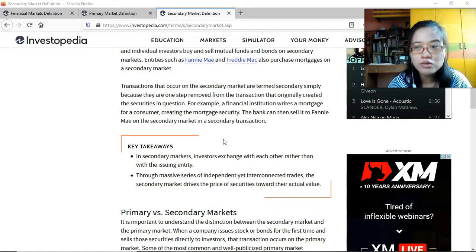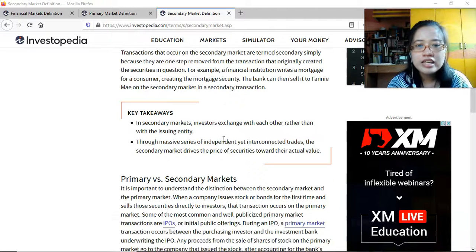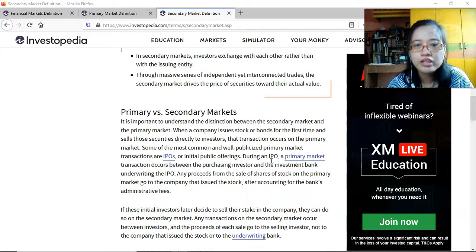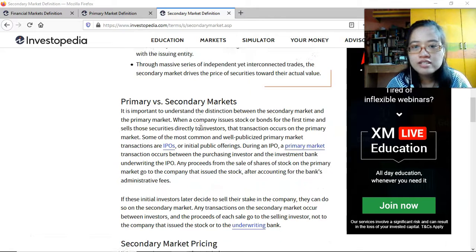In that case, that's already the secondary market. Key takeaways: in secondary markets, investors exchange with each other rather than with the issuing entity. Through a massive series of independent yet interconnected trades, the secondary market drives the price of securities toward their actual value.